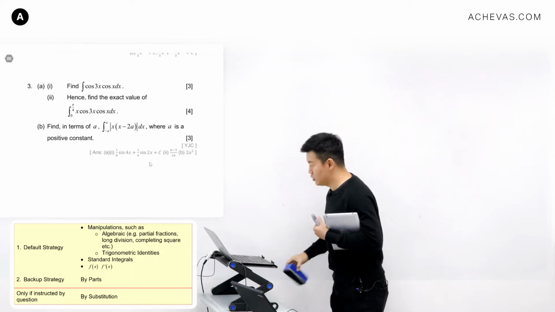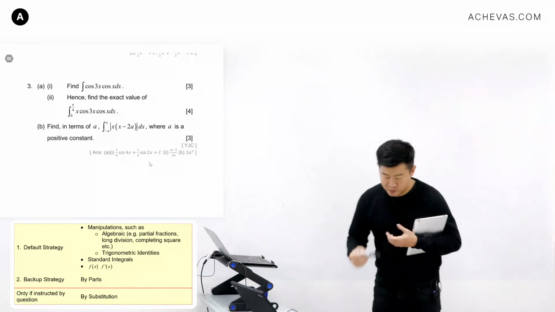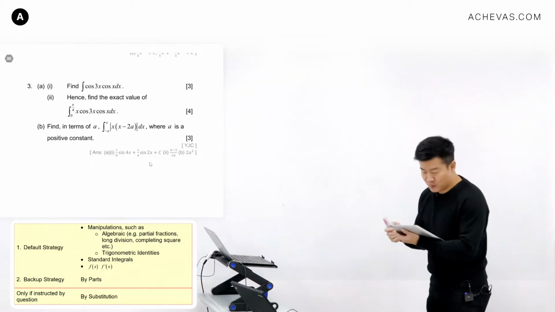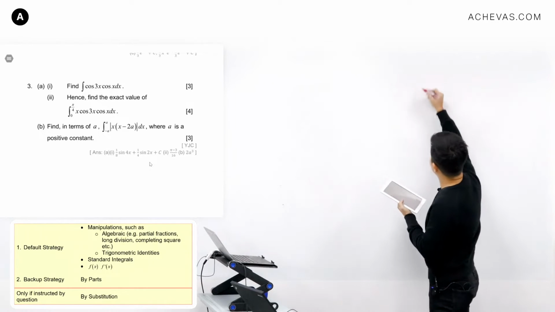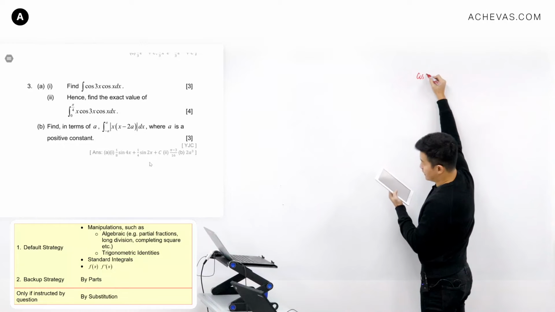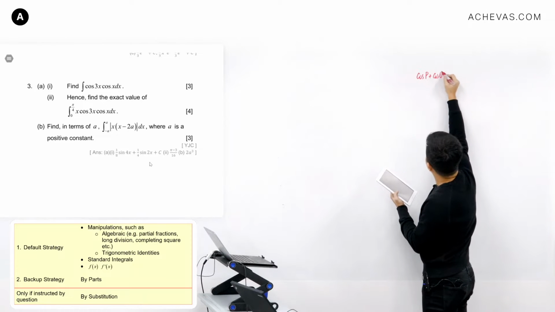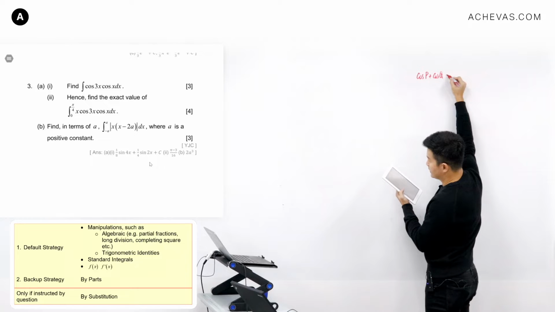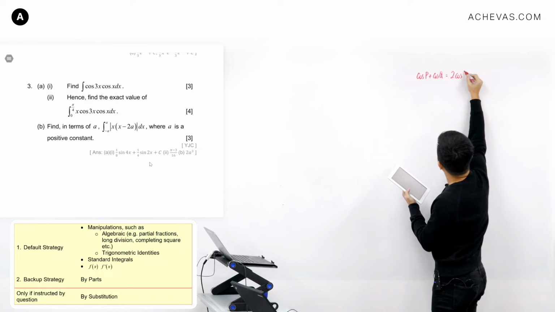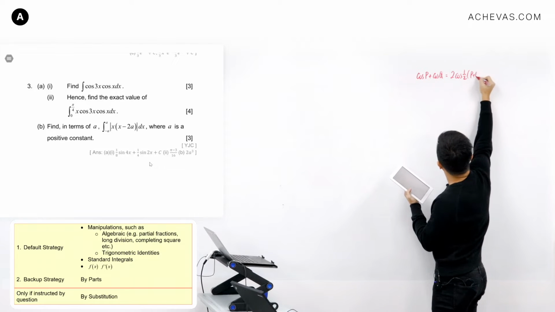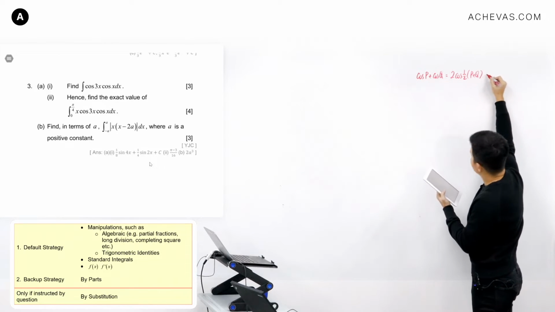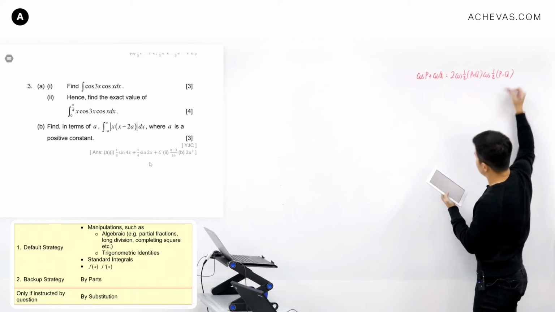So the factor formula, the trigonometric identity, that I'm going to be using to re-express this will be this. Let me write it down. So we have cosine P plus cosine Q equals 2 cosine of half (P plus Q) times cosine of half (P minus Q).